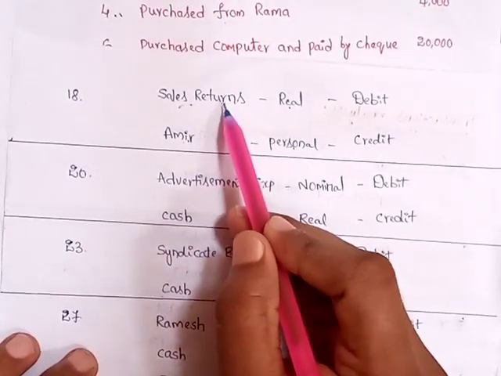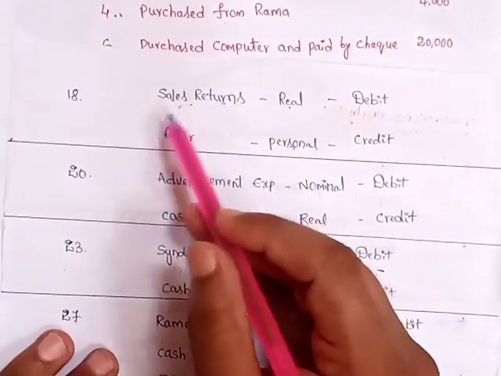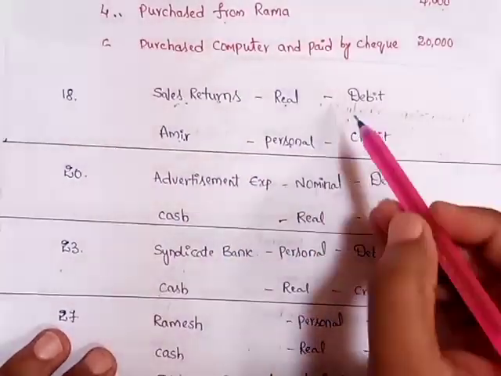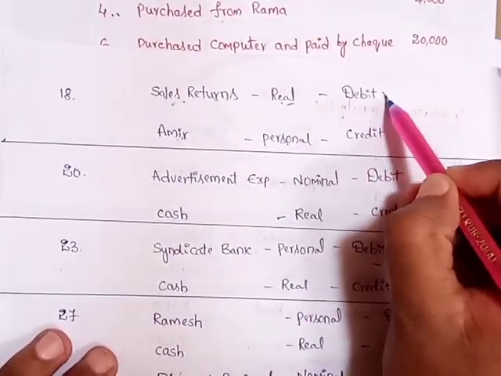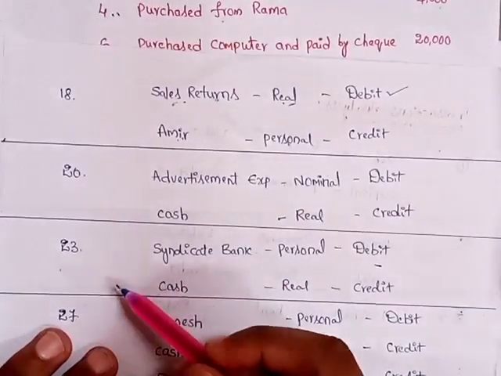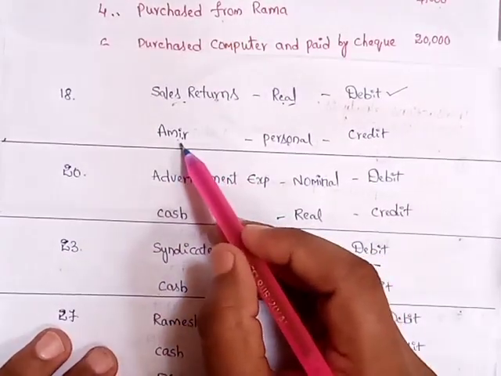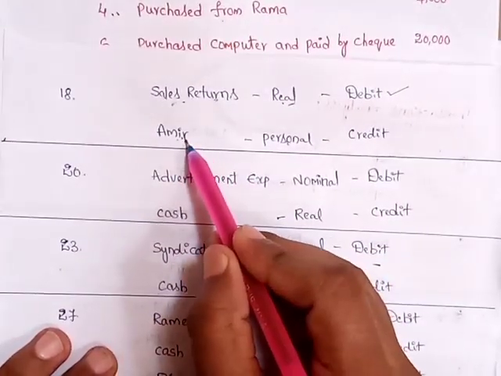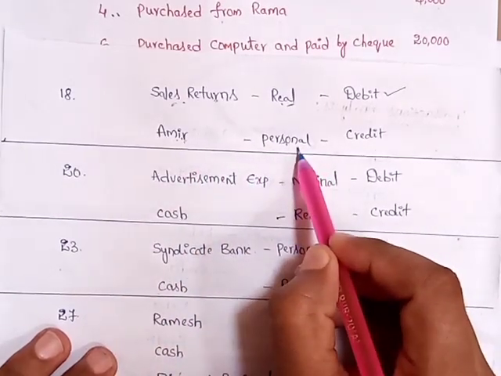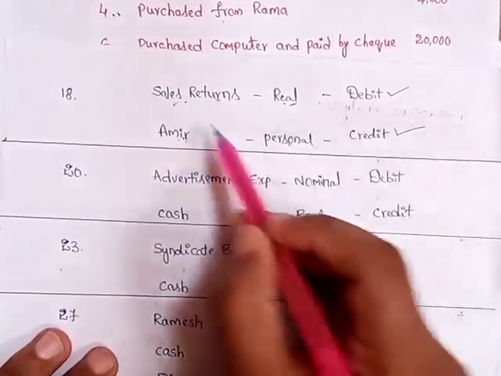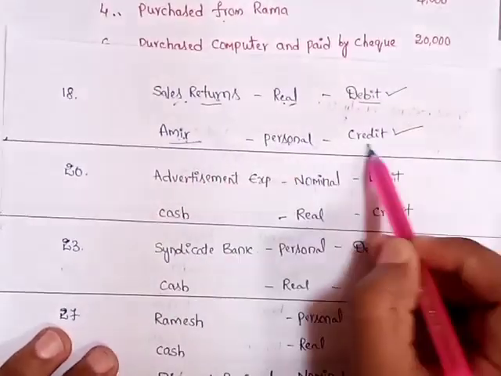So Amir returned goods, that means goods come into the business. According to real account, what comes in, that will be debit. And who returned that goods? Amir. So Amir is a giver. So according to personal account, giver will be credit. So sales returns debit, Amir credit.